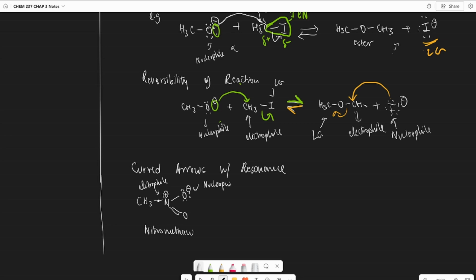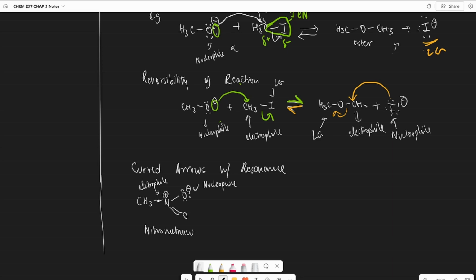But in your head, I want you to think about this. Do not actually write it down, because in a singular compound, each atom cannot be a nucleophile or electrophile. You can have electrophilic sites, but not an electrophile or nucleophile.